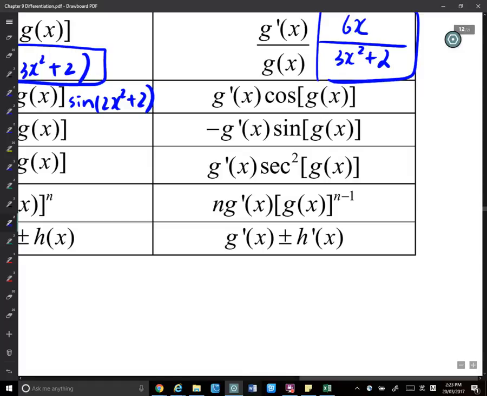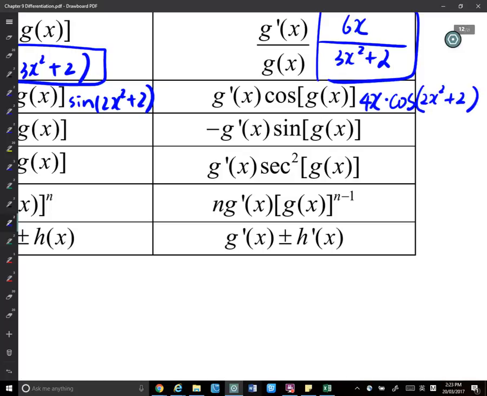After you derive the things in the bracket, you have 4x. 4x will be multiplied by cosine of g(x). So what is g(x)? g(x) is 2x squared plus 2. So the derivative will be 4x times cos of 2x squared plus 2.